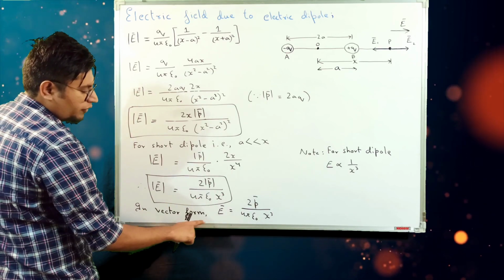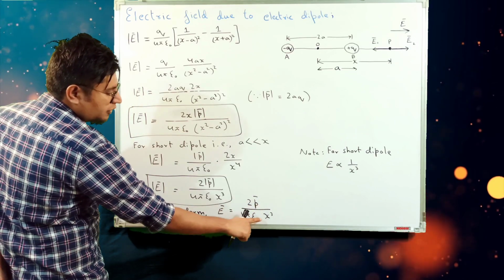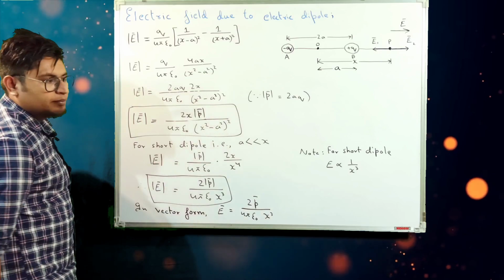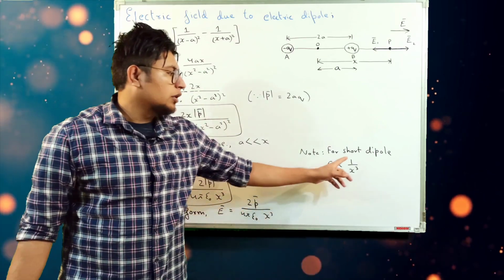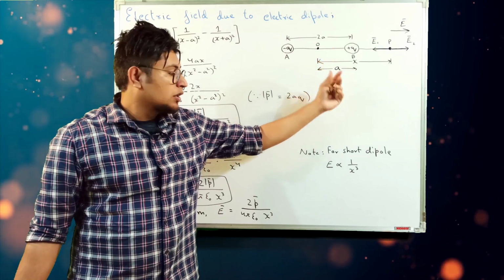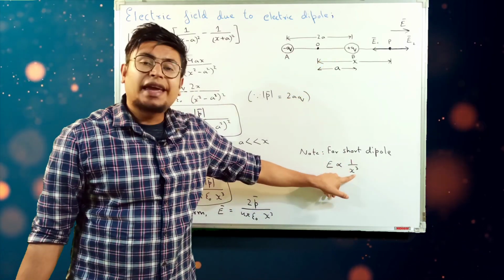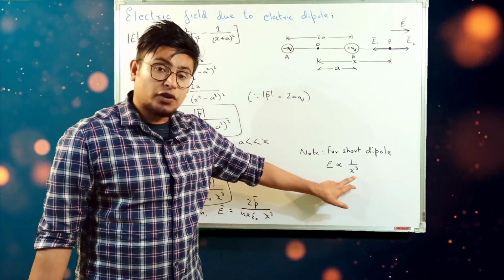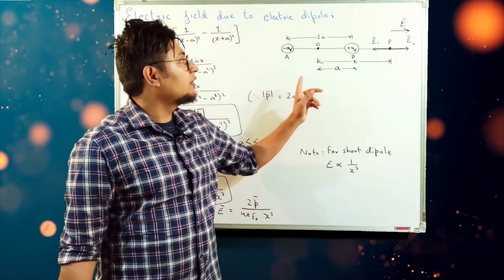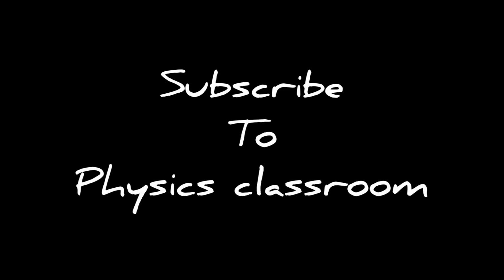Writing it in vector form, E is equal to 2p divided by 4 pi epsilon naught x cube. Please remember, for a short dipole, that is A very less than x, the electric field is inversely proportional to x cube. This is what you have to remember, and also the direction of the electric field is from this side to this side.